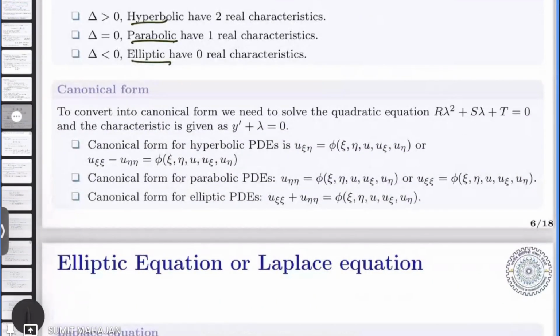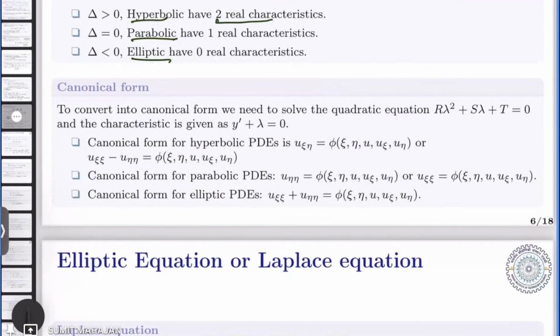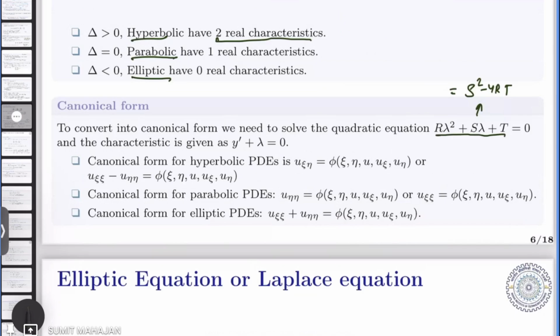So to convert that we need what are called the characteristics. Basically we are going to solve this equation r lambda squared plus s lambda plus t. This will give me the value of the characteristic. How? The discriminant of this is b squared minus 4ac, that is s squared minus 4rt, right?